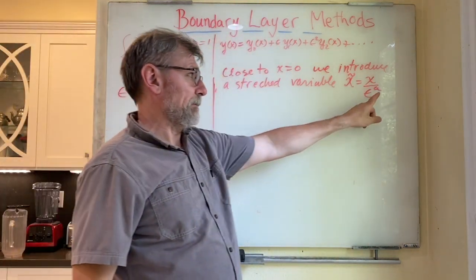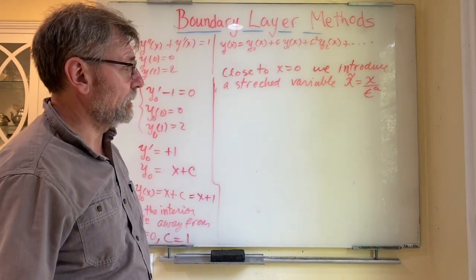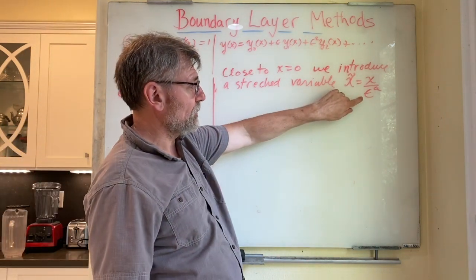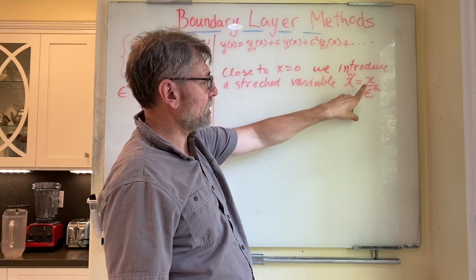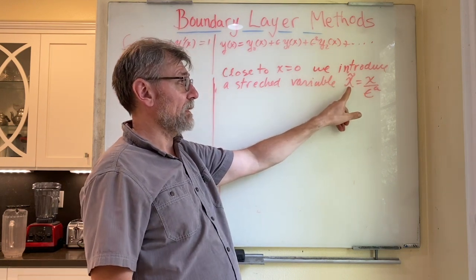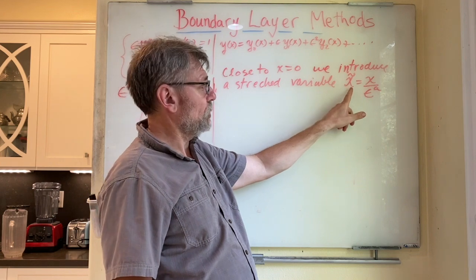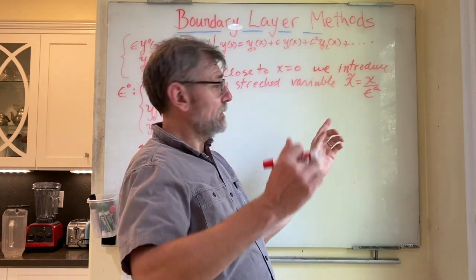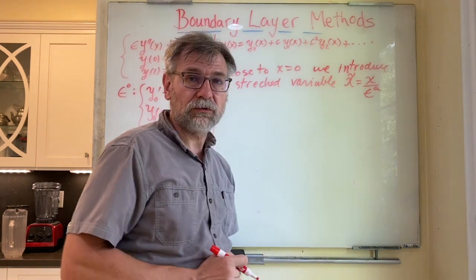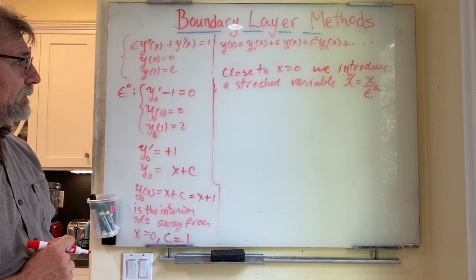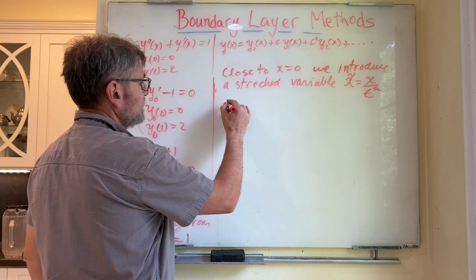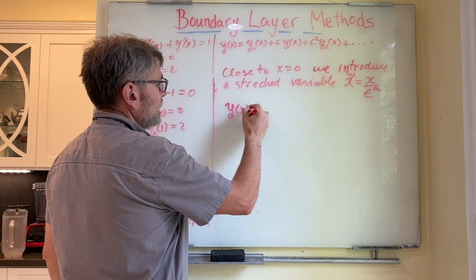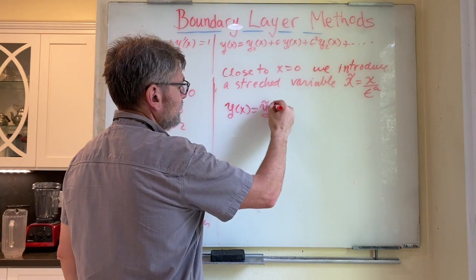And we don't know yet what that power a is. We'll determine it shortly. But the point is, as epsilon goes to 0, this x tilde will vary very rapidly, right? A small change in x will imply a big change in x tilde. So that means that x tilde will be able to resolve nicely what happens close to the boundary at x equals 0. All right, if we do that, then y of x is going to be a new y tilde of x tilde.